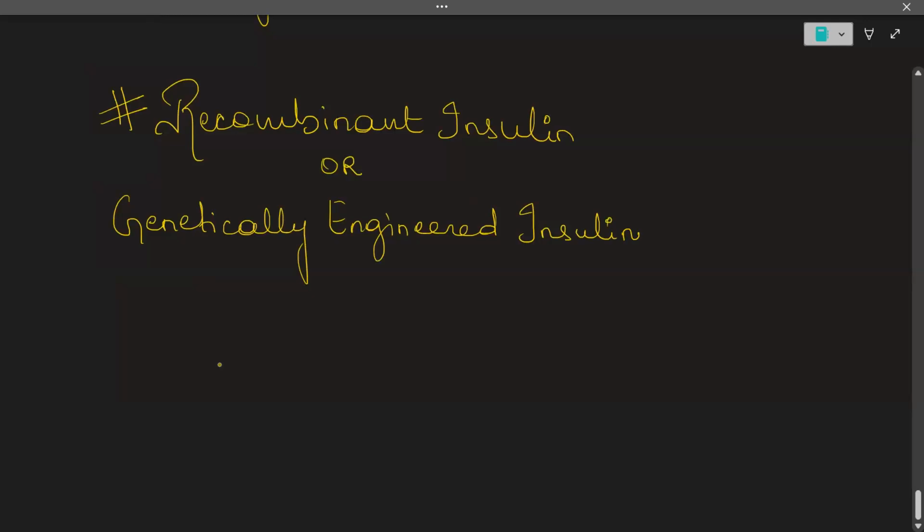Now, when we talk about genetically engineered insulin, do you remember which organ synthesizes insulin? Pancreas. Very good. Do you remember the specific cells? Alpha and beta, exactly.